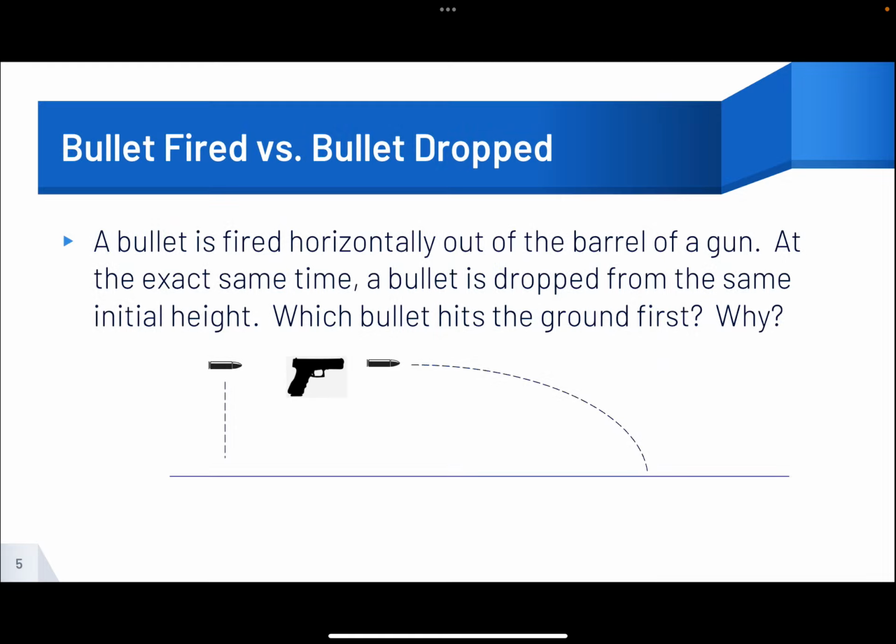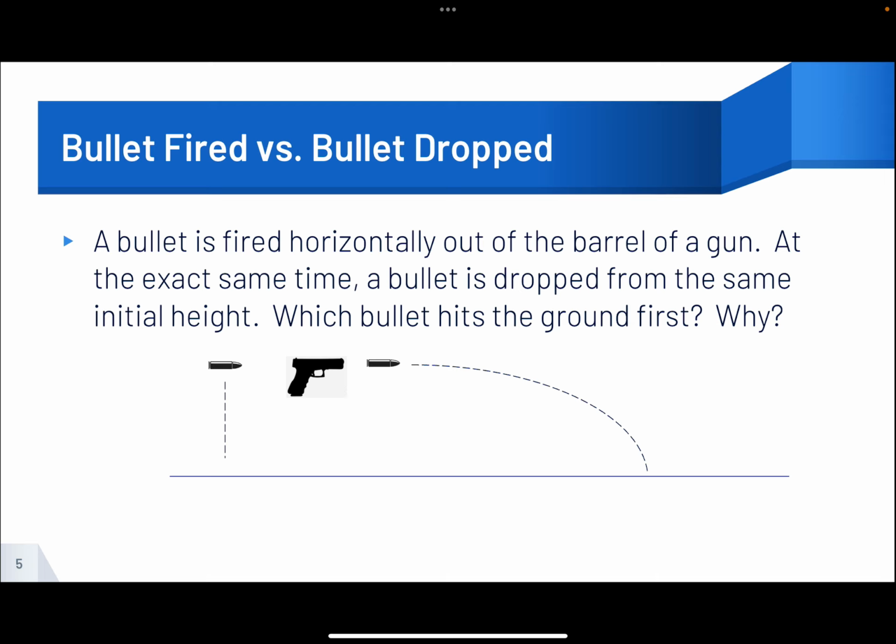So if we go back to that bullet dropped versus bullet fired scenario, even though they have different velocities in the x direction, the dropped bullet has an initial velocity of 0 in the x direction, whereas the bullet shot out, whatever the muzzle velocity of the gun is, has some non-zero initial velocity in the x direction.